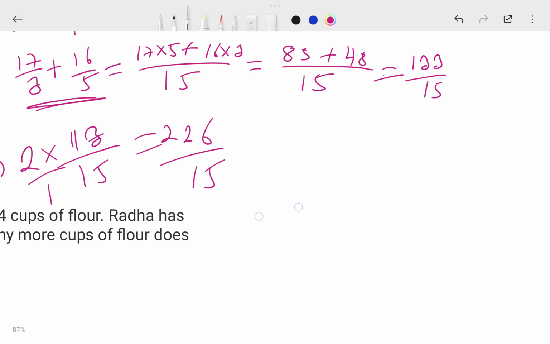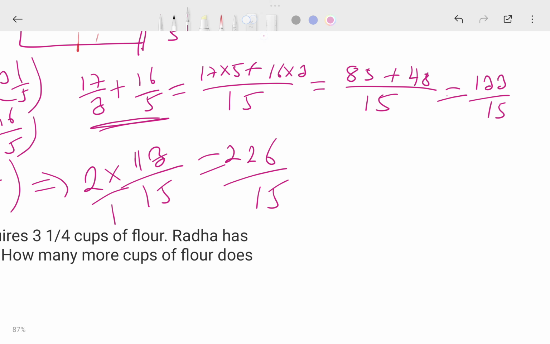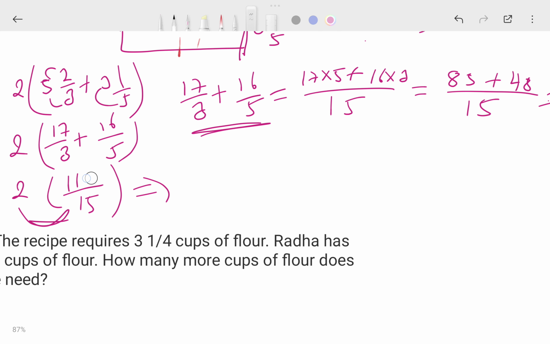When you multiply this one, this is 3 only, I wrote it wrong here. I'm sorry, here it is 133 only, that is 1 3 and 3. So when you multiply 2 cross 133 by 15, it is not possible, so we will write 6 and 2 by 15.